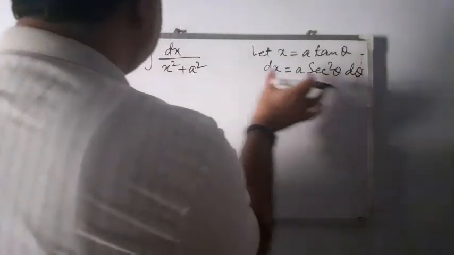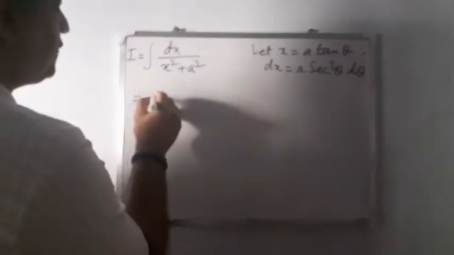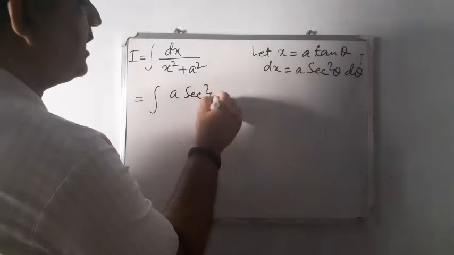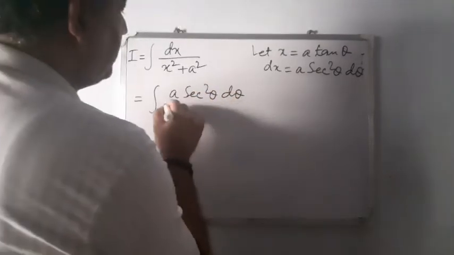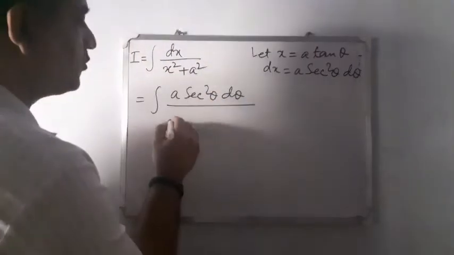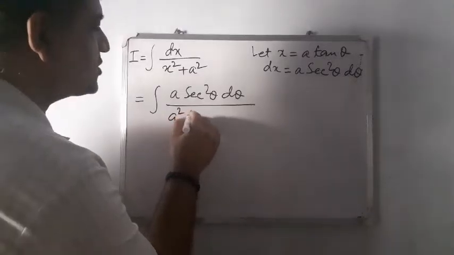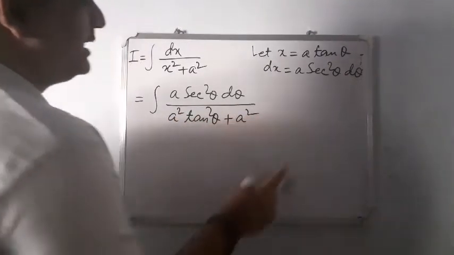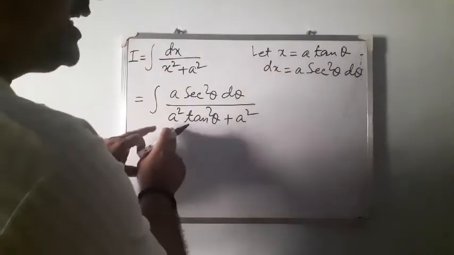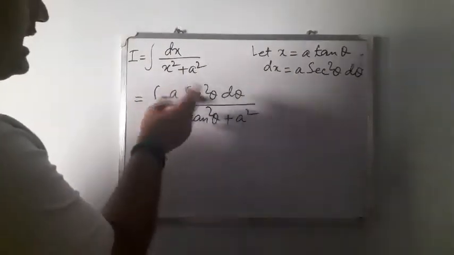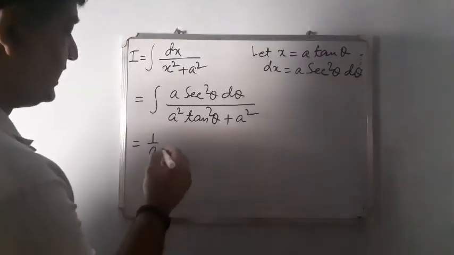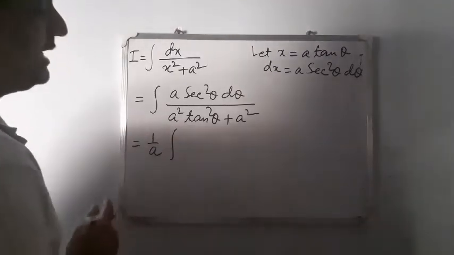Now if you put this value here, what is the value of I? It is a sec square theta d theta divided by x square, that is a square tan square theta plus a square. Now you can take a square common in the denominator.